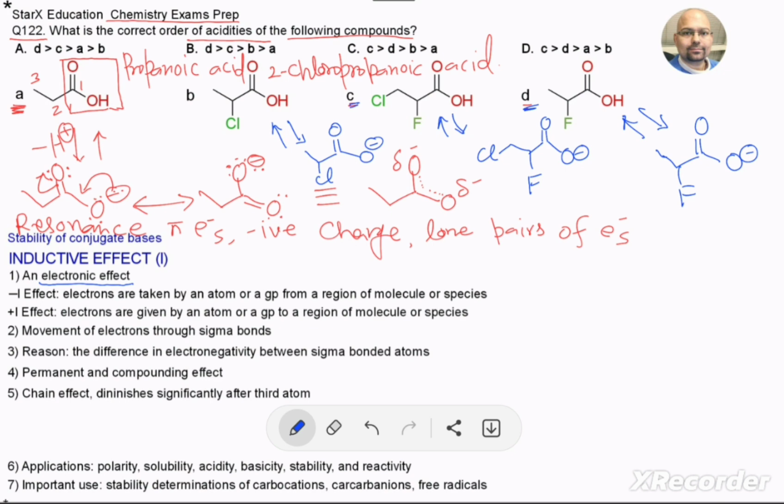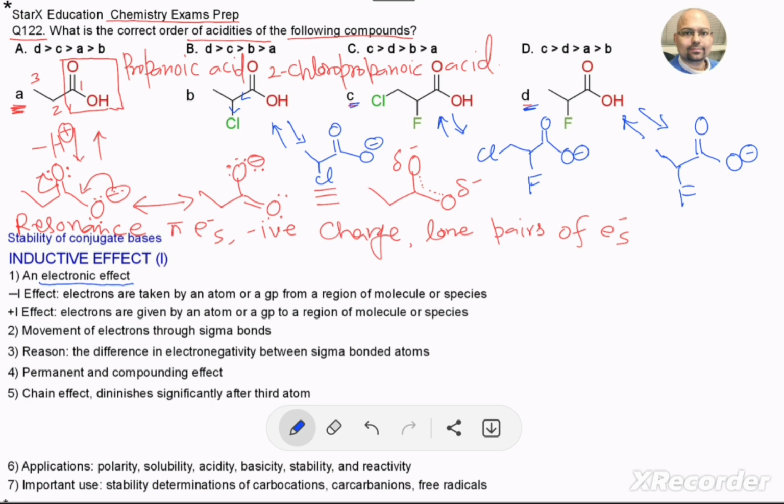In B, C, and D, there are more electronegative atoms than carbons. So these atoms are taking electron density away from the carboxylate oxygen, and that is what is helping in increasing the acidity of these compounds.